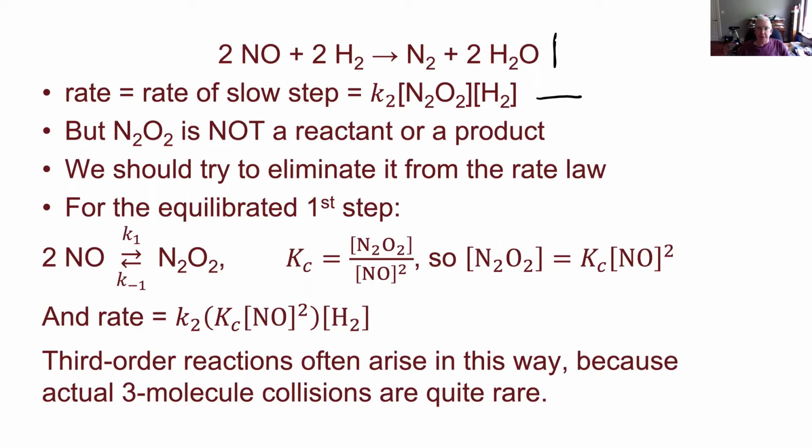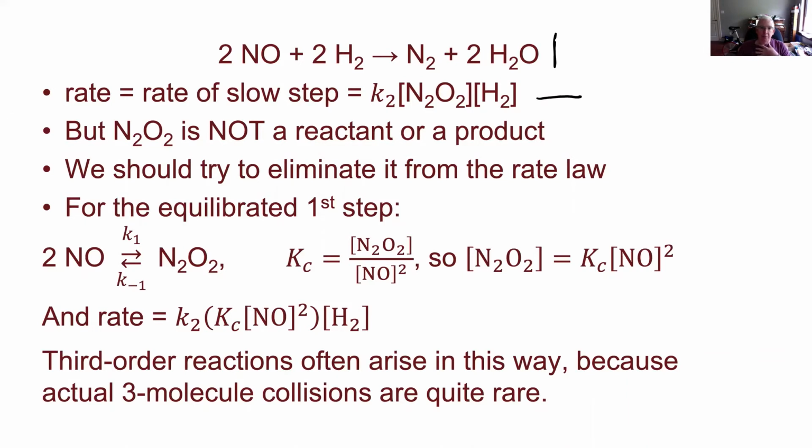What that means in practical terms is that you would not be able to use that rate law in most cases to figure out what the rate of reaction would be. If I told you to start this reaction with this concentration of NO and this concentration of H2, and I gave you that rate law and asked you to tell me the rate, you would look at me and say, well, I didn't put any N2O2 in the reaction mixture, so I don't know how to use that equation to get a rate for it. That's because the N2O2 is an intermediate here.